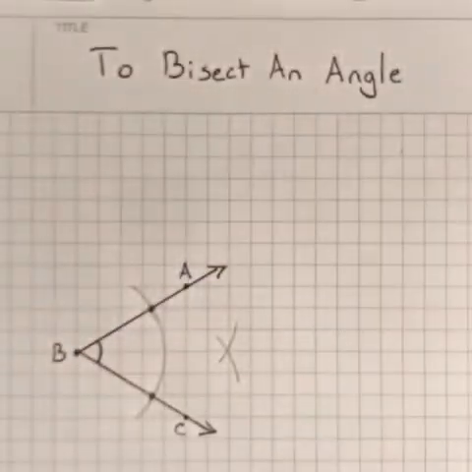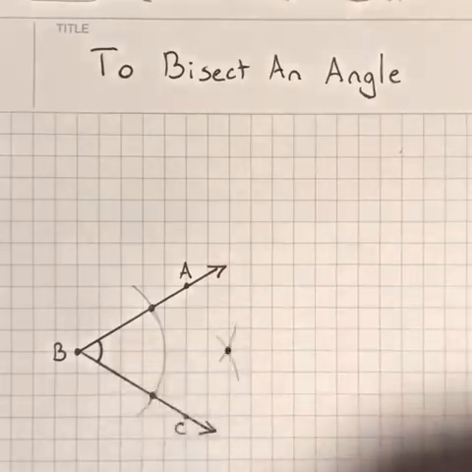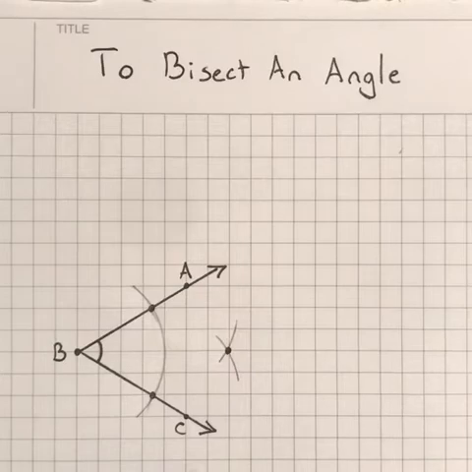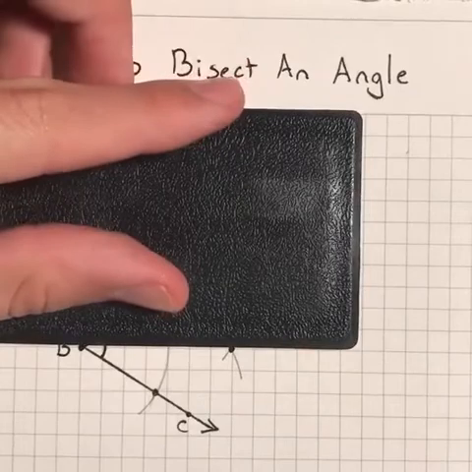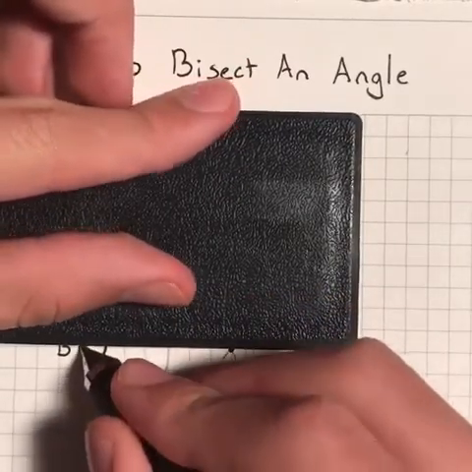Mark this point as well. Lastly, using a straight edge, draw a ray that connects your vertex to the point you have just made to finish your angle bisector.